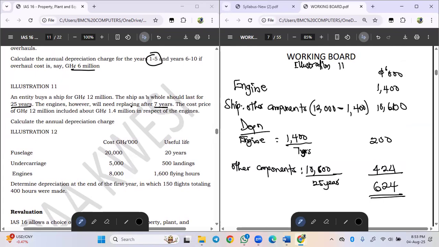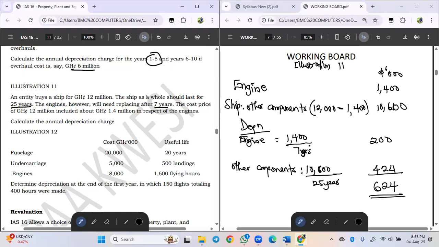The component amount of the engine was 1.4 million. You have to take it out from the ship as a whole, because the ship as a whole is 12 million. The engine is 1.4 million. So if you take it out, the other component of the ship aside from the engine is 10.6 million.